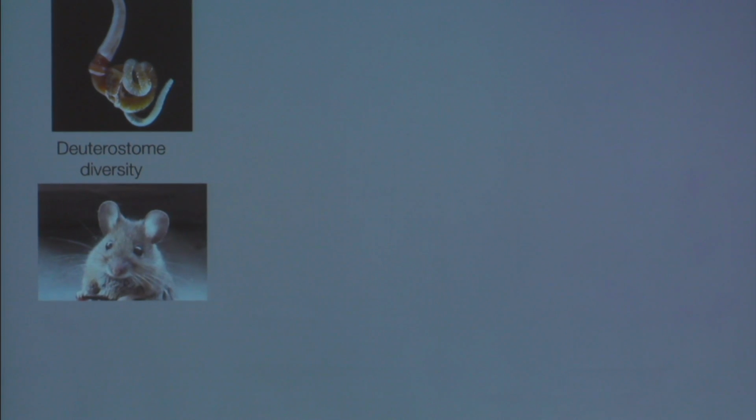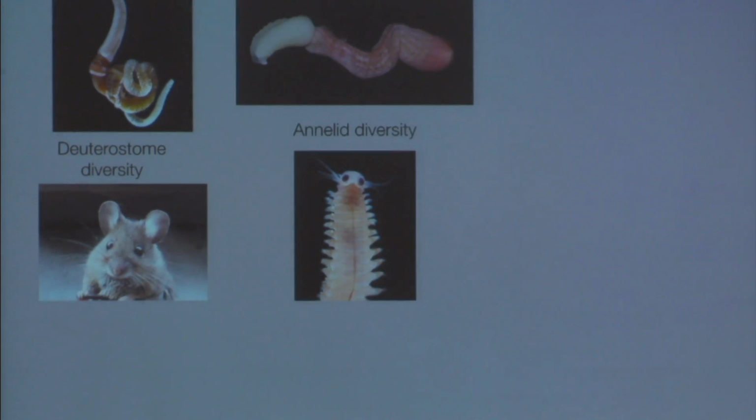So if we look at another deuterostome that is in the same main lineage of animals as mouse, we have hemichordates, which have very little in the way of a central nervous system. If you look at other annelids, like echiurans, other annelids look completely different to these sort of highly complex central nervous systems.